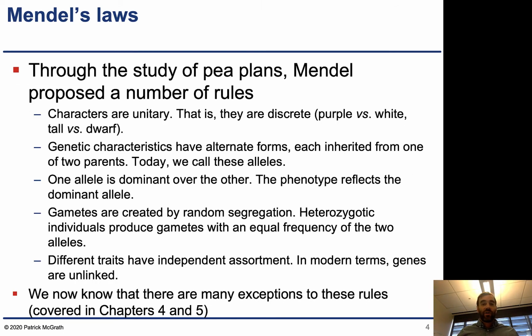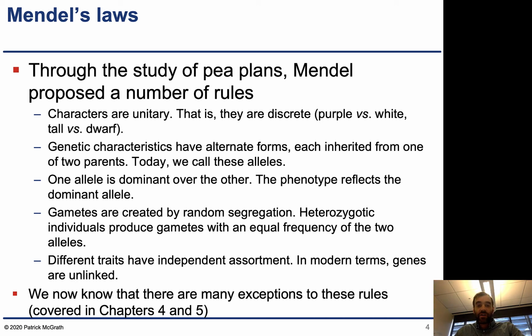So Mendel primarily studied pea plants. He studied pea plants that had variable phenotypes that we will discuss in a little bit, but by following the inheritance of those characters, Mendel proposed a number of different rules. First, characters are unitary, that is, they're discrete.